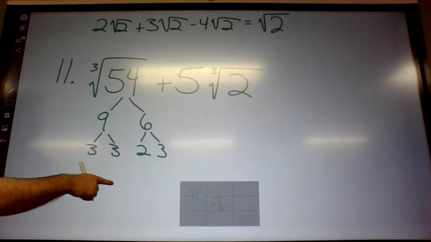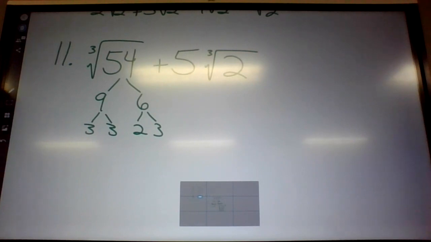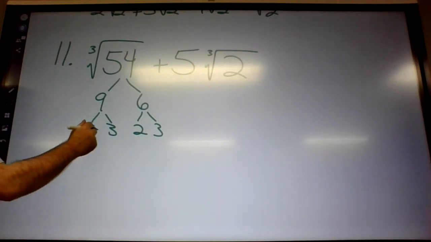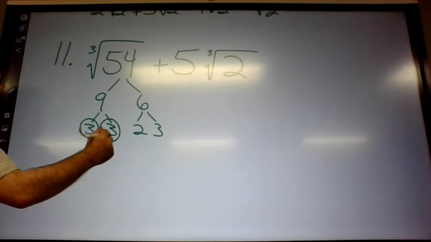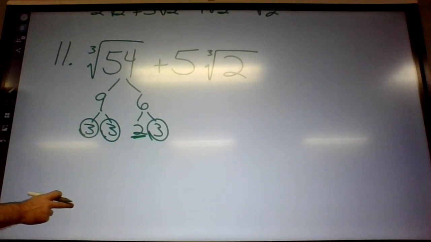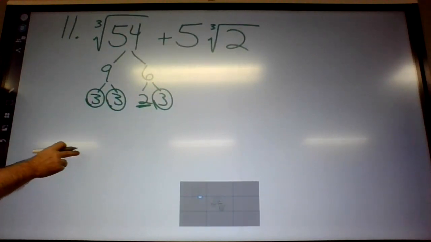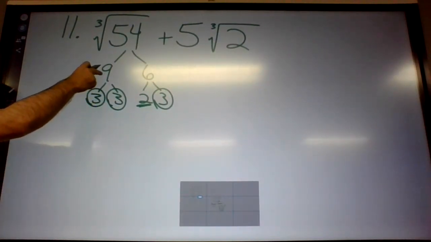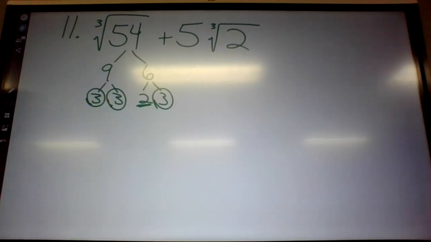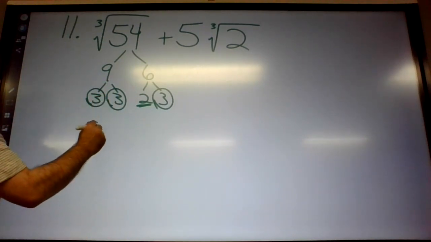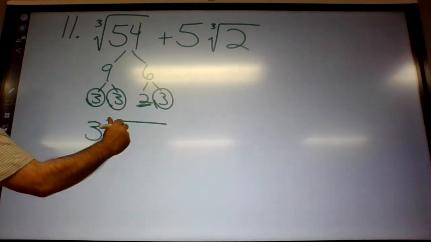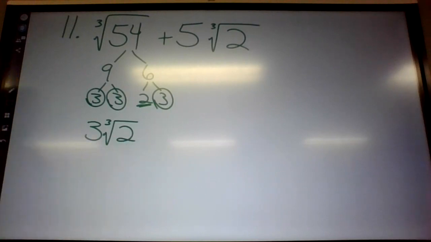I'm guessing some people have done that this year. Okay, so we need a triple to get out. We have a triple 3 and a leftover 2. Notice I'm only using the bottom branches. I'm not using 9 because 9 turned into this. You only use the bottom of the branches. So 3 is going to escape, and 2, didn't need that much, is left behind.